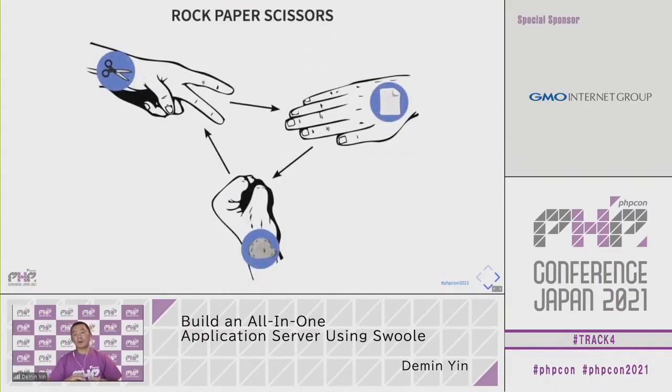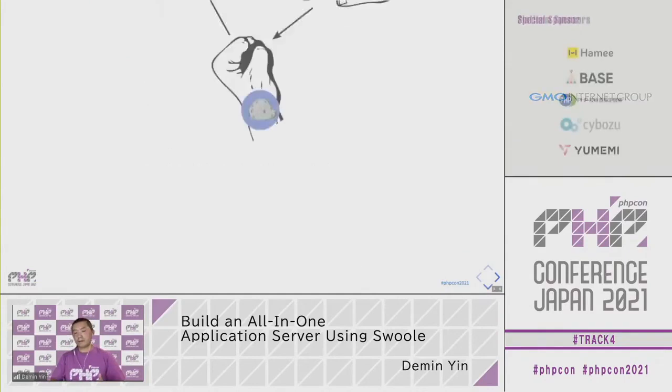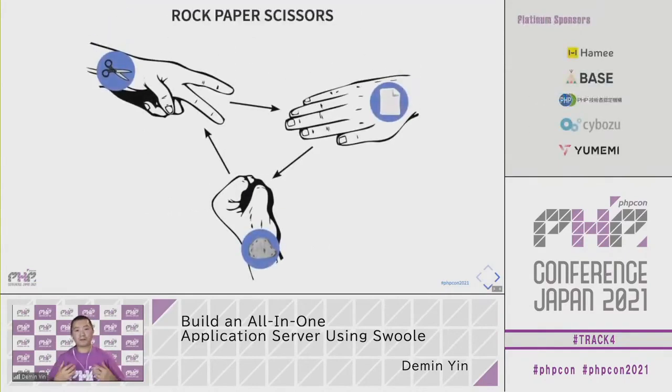Let's say we want to build a web version of the rock, paper, and scissors game. I would assume that some of us have played this game offline with our family members or friends before. So this game looks like this. We have 3 players here, and each of them makes a choice by themselves.